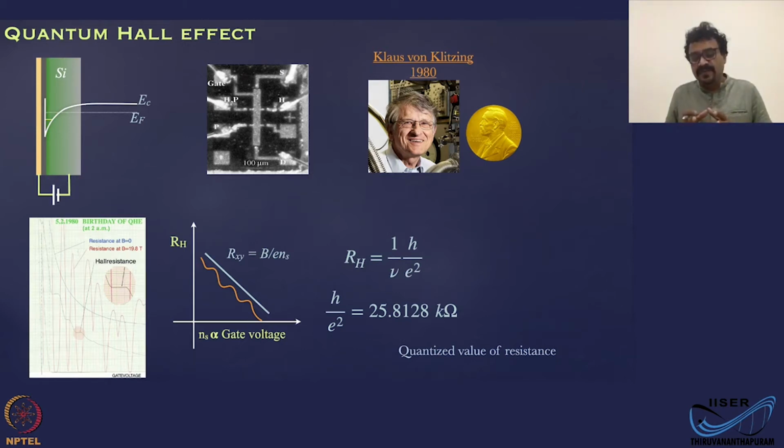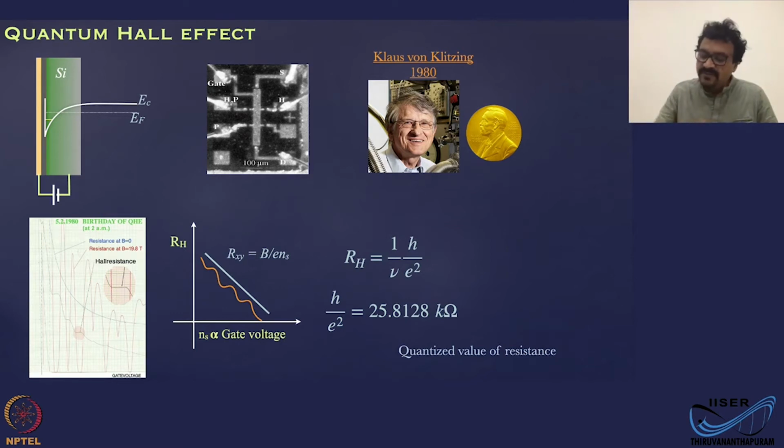Now, if you do this experiment in a clean two-dimensional system, it is going to reveal a slightly different Hall effect picture. So that is the quantum Hall effect, the quantum mechanical counterpart of the Hall effect.